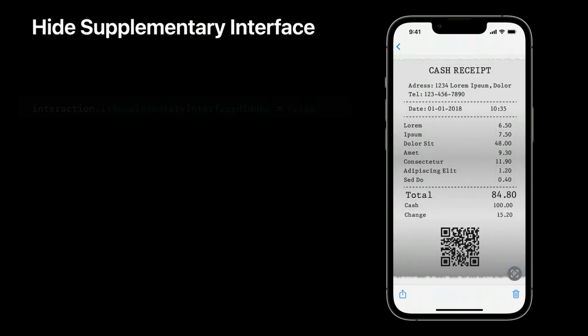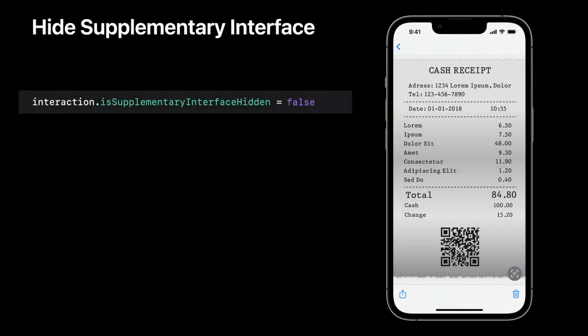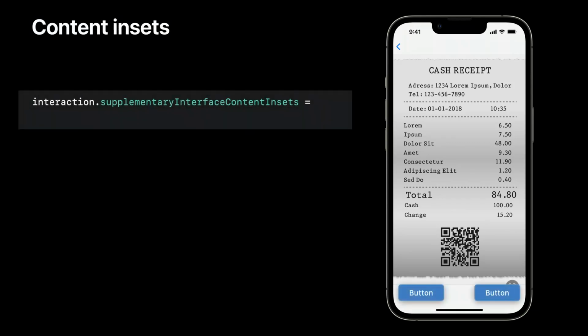First off, the Is Supplementary Interface Hidden property. If I wanted to allow my app to still select text, but I did not want to show the Live Text button, if I set the supplementary interface hidden to true, you will not see any Live Text button or quick actions. We also have a Content Insets property available.